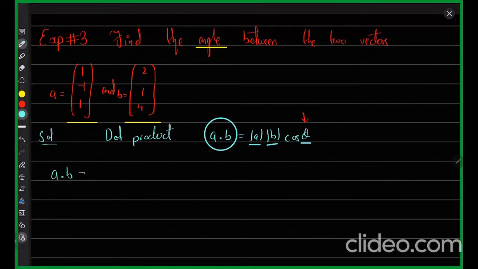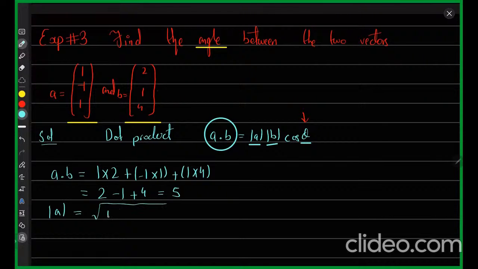A dot B is basically equal to 1 multiplied by 2 plus minus 1 multiplied by 1 plus 1 multiplied by 4, and this is going to give you 2 minus 1 plus 4, and this is basically 5. And if I talk about A mod, so A mod is basically the under root of 1 squared plus minus 1 squared plus 1 squared, and this is going to be root 3.